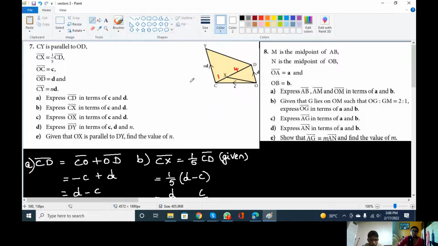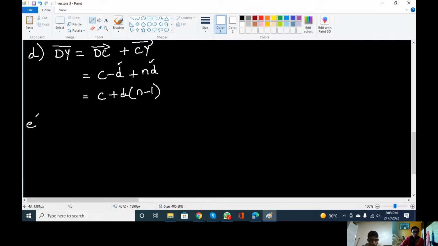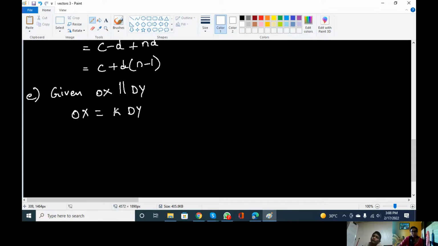We need to find that k first and then the value of n. So let's write, given OX is parallel to DY.